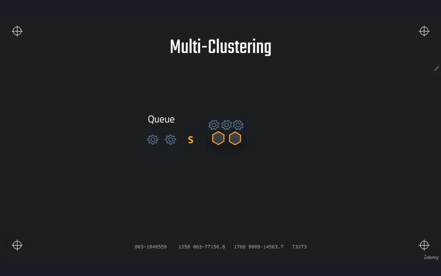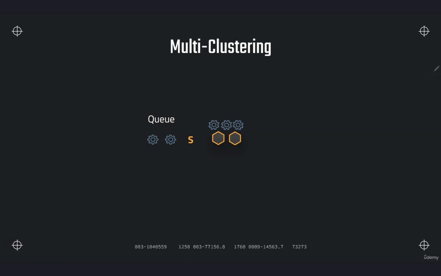So to understand the difference between the two scaling policies, let's see again how the multi-cluster works in detail. So here, if we see we have more queries than an existing single cluster or single warehouse, for example, of this size S, can actually process at the moment, then there will be a queue, as we can see in here.